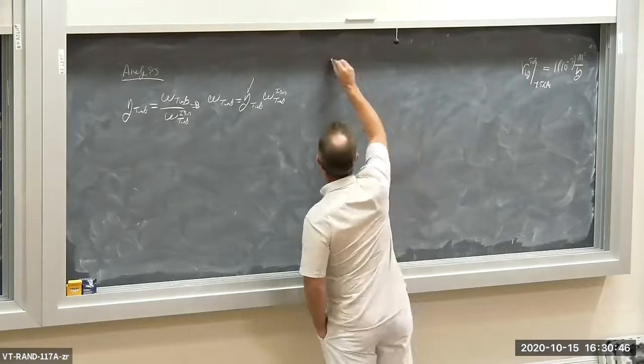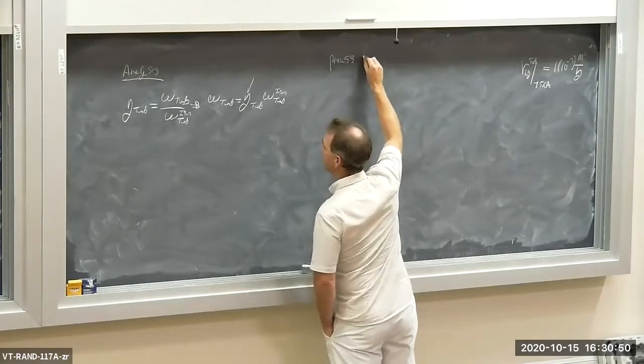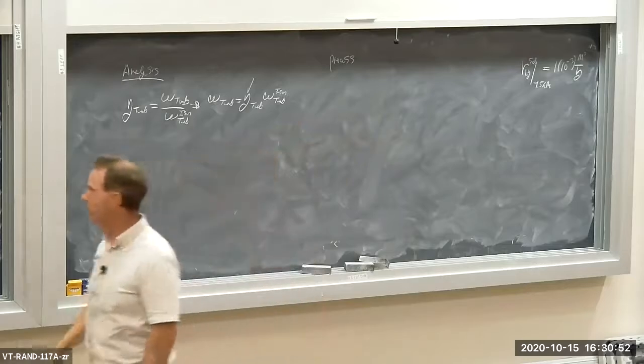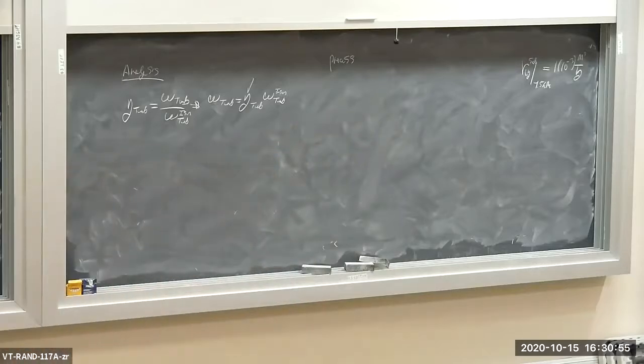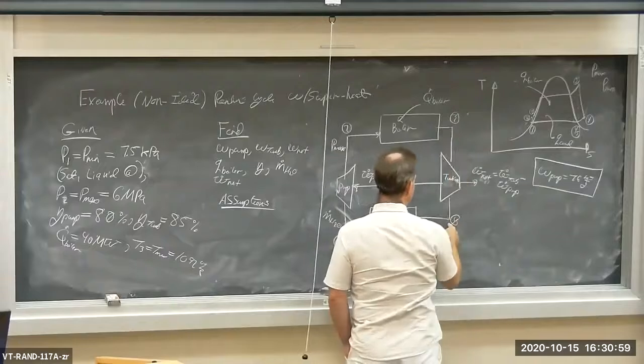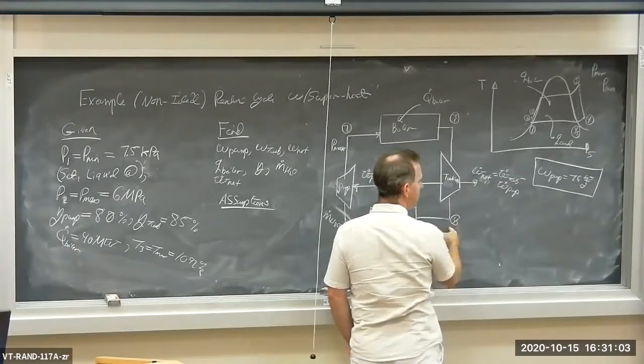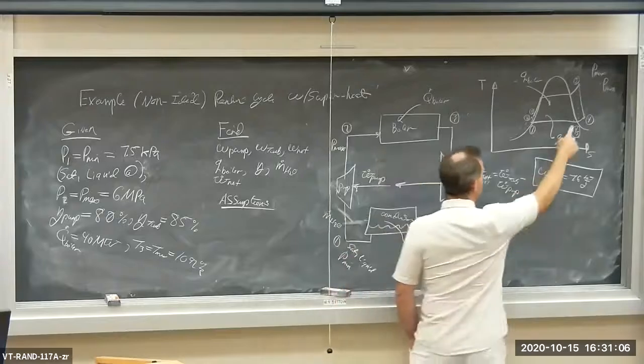So again, let's look at the process. The turbine involves expansion from the boiler outlet to the inlet of the condenser. So state 3 to 4, and this is for the isentropic device.